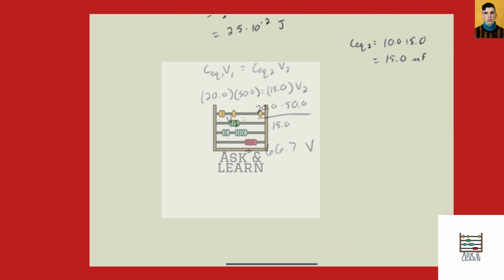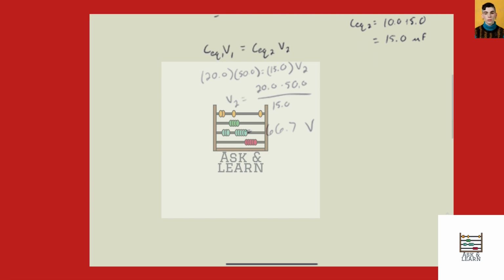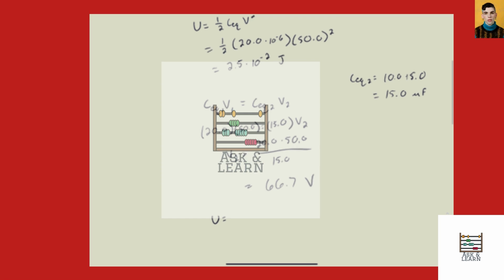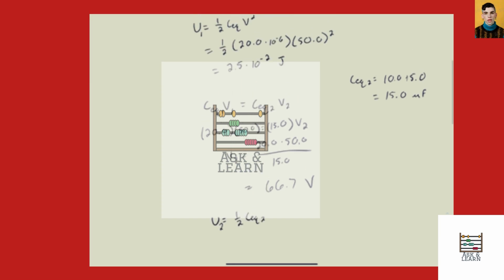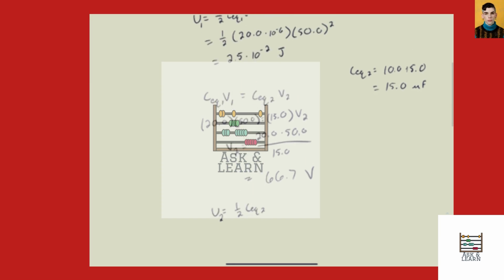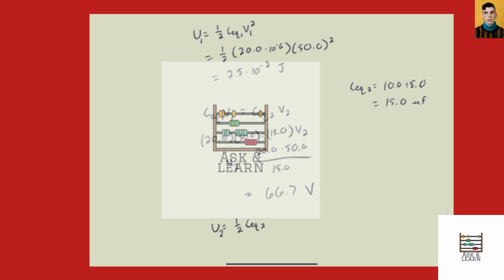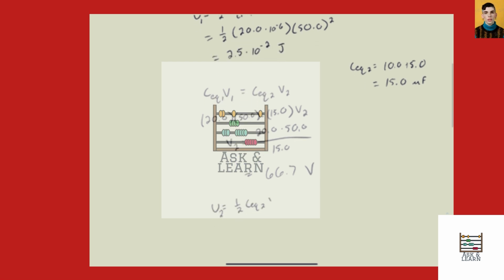And now to figure out the new energy stored in this system, let's label this again. This is U1, now this is U2. It's going to be 1/2 times the second equivalent capacitance. This is C, Q1, V1. Now this is 2.